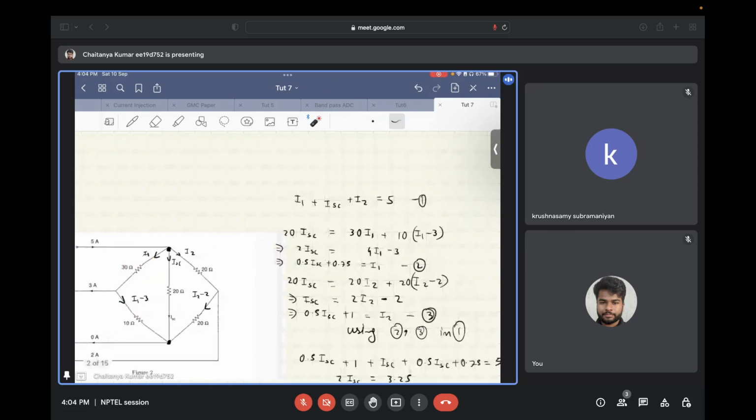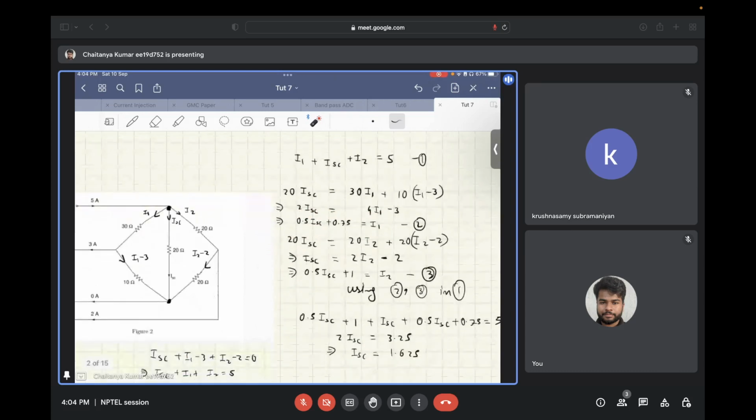So using that, we can write another equation that is 20 times ISC is equal to 30 times I1, that is the voltage developed across the 30 ohm branch, and 10 times I1 minus 3, that is the voltage developed across the 10 ohm branch. On resolving this, we get the following equation, that is 0.5 times ISC plus 0.75 is equal to I1.